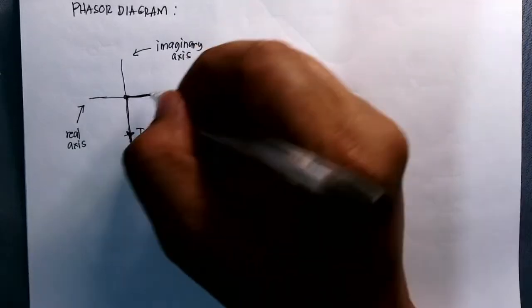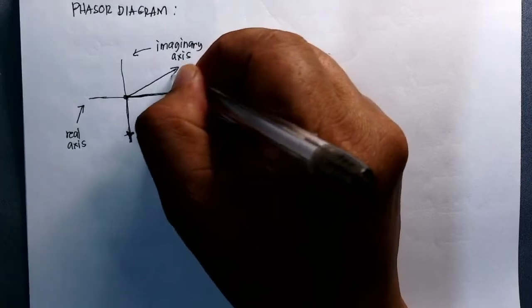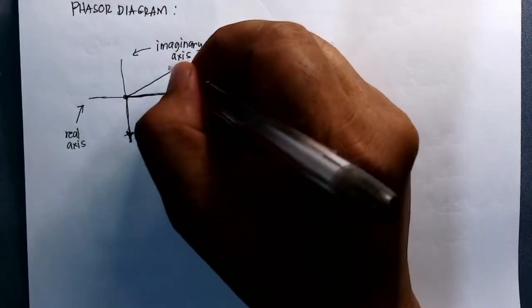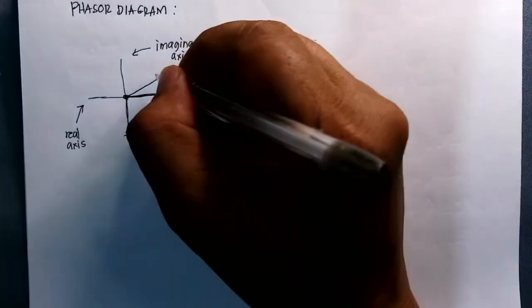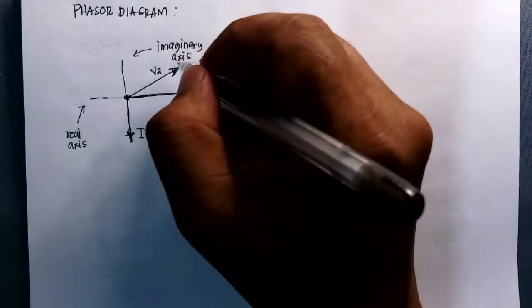So I can set up here another ray, starting from the origin, and name this V sub 2.